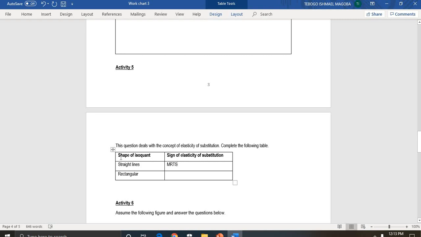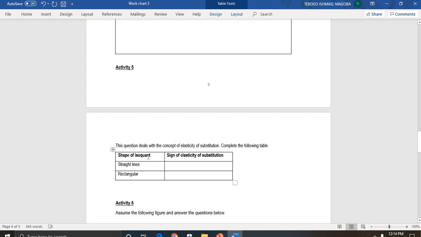Okay, and remember, the shape of an isoquant is usually a curve. If you look at your past tuts, or even in the slides, you realize that an isoquant is more of a curve, and then you substitute from there. So then they say if the shape of your isoquant is a straight line, okay, I'll try to show you.